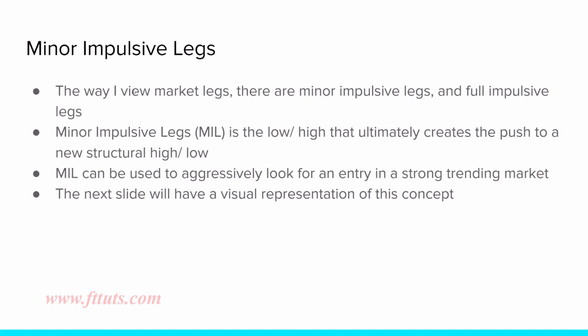So the way I view the market legs, there are minor impulsive legs and there are full impulsive legs. The minor impulsive leg is the low or high that ultimately creates the push to a new structural high or low. I call it MIL for short. That can be used to aggressively look for an entry in a strong trending market. Now I'm going to show you a visual representation of this concept.